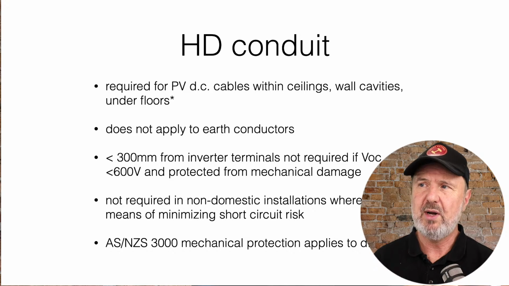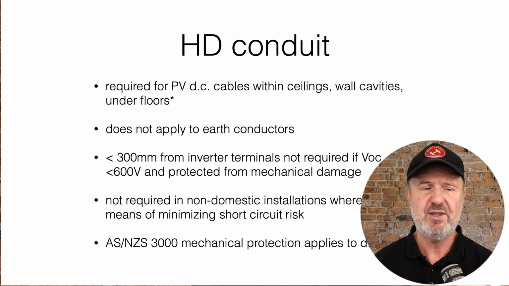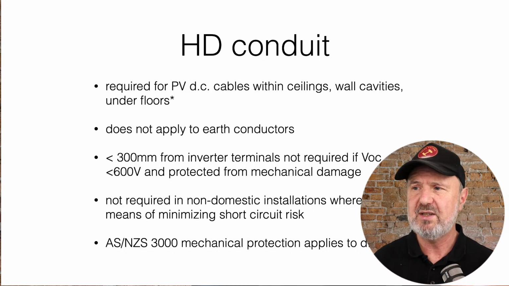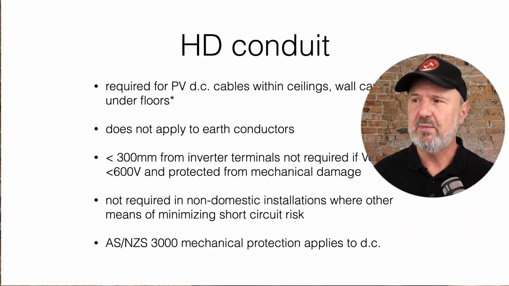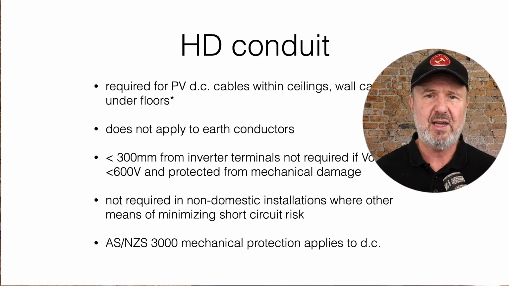It's not a requirement, by the way, to have HD conduit for non-domestic installations, where there is another means to minimise risk. So minimising risk can be, once again, by location.